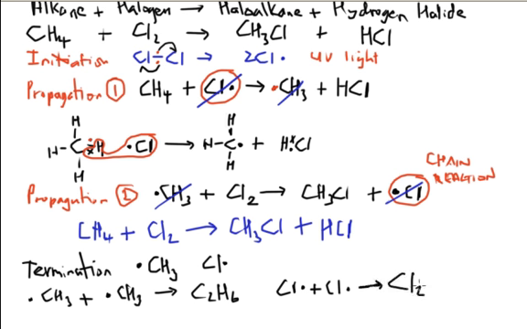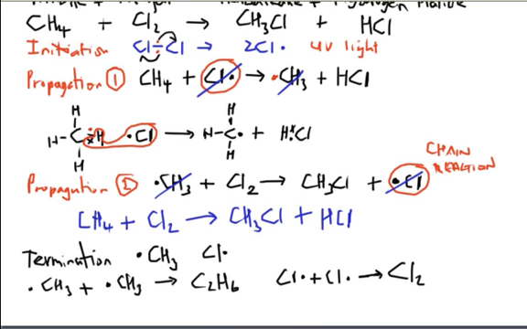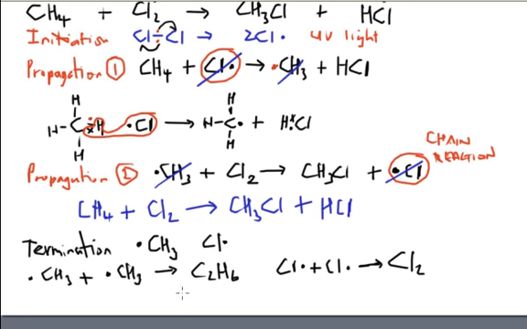So we'll get chlorine, and then finally we could get a methyl reacting with a chlorine free radical, forming chloromethane. So that's termination, that's the last stage.